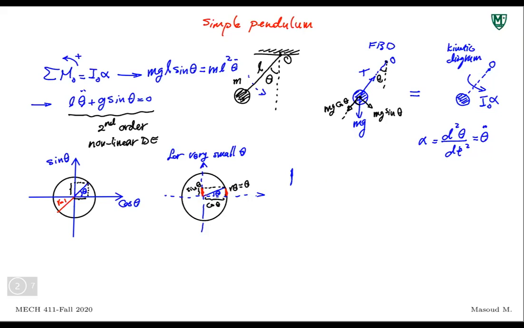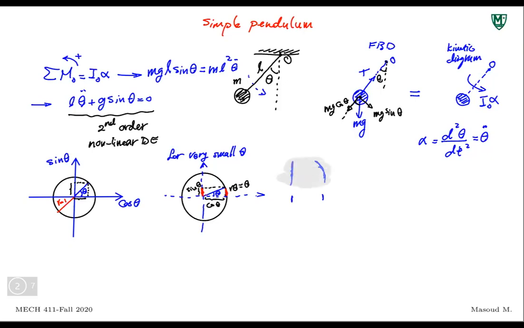I'll try to do a better job. And we have this curve. The larger this curve is, the more difference there is between the length of this curve and the length of the straight line. But for very small ones, we can almost say this arc and this length are equal.